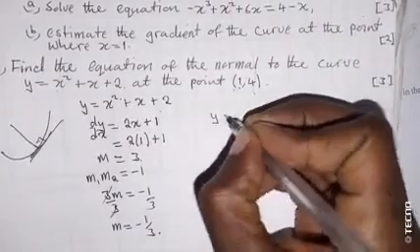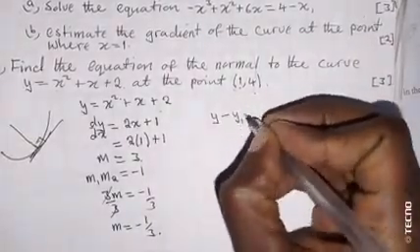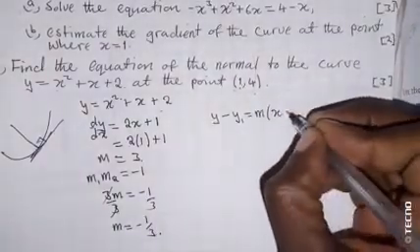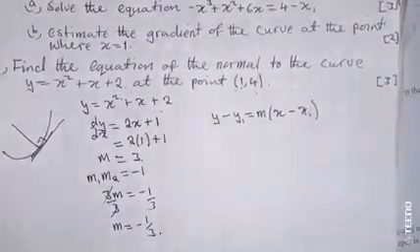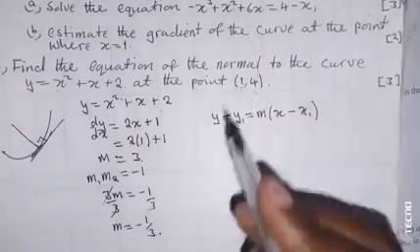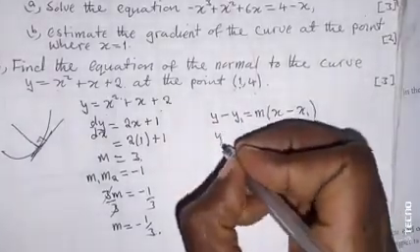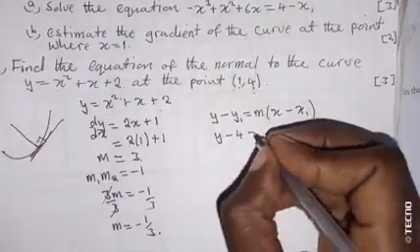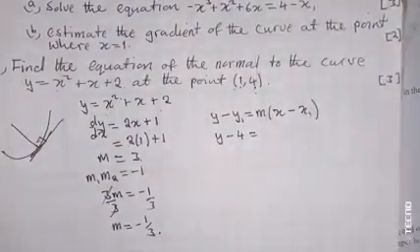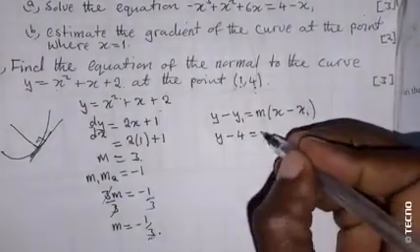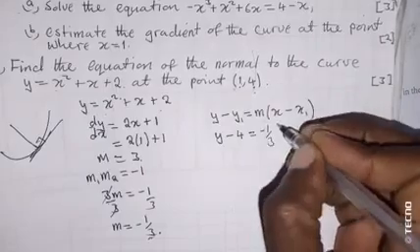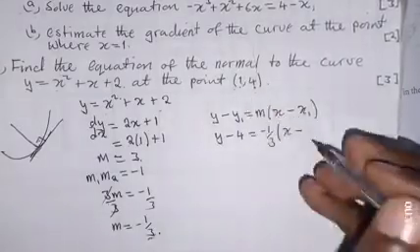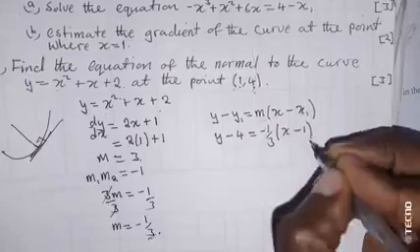So we say y minus y1 is equal to m open bracket x minus x1, we close. We have these two coordinates here. So y1 is 4, then is equal to, where there is m, we replace by this gradient, which is -1 over 3, we close. x is x there, minus x1, which is 1, then we close.